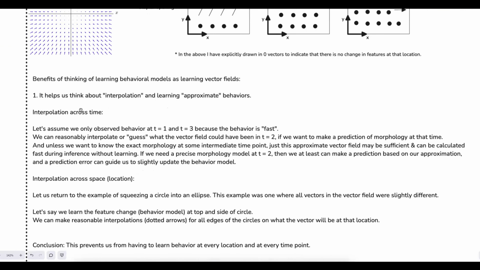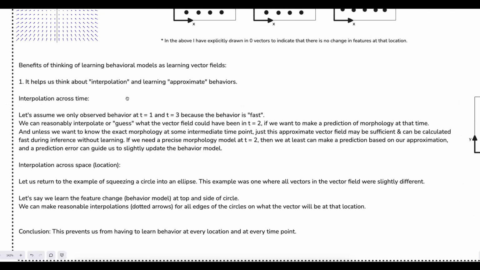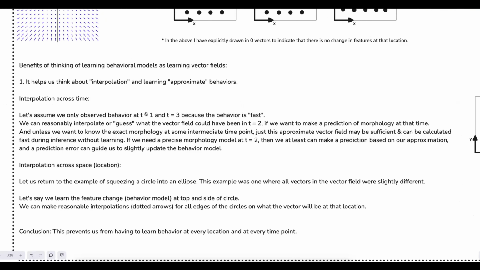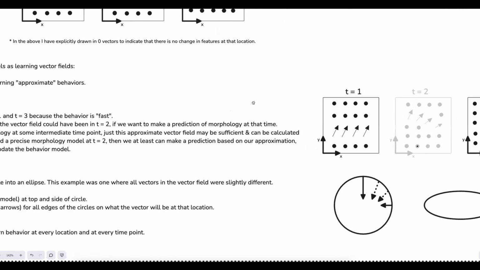So I was thinking about interpolation across time and interpolation across space. Let's say the stapler is opening pretty fast, so we only observe behavior at time equals 1, we missed time 2, and then we somehow caught time equals 3.